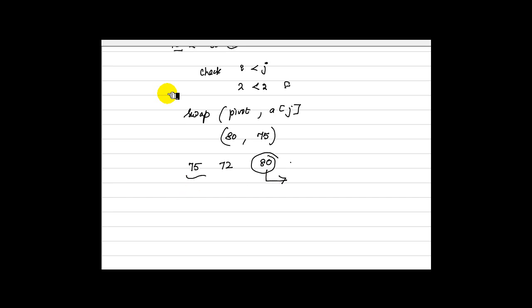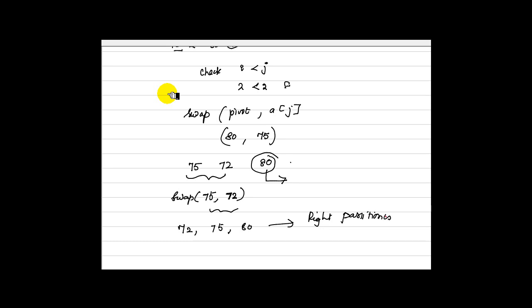Now we will have the swap between 75 and 72. After swapping it, we are left with 72, 75 and 80. Now this right partition is sorted.